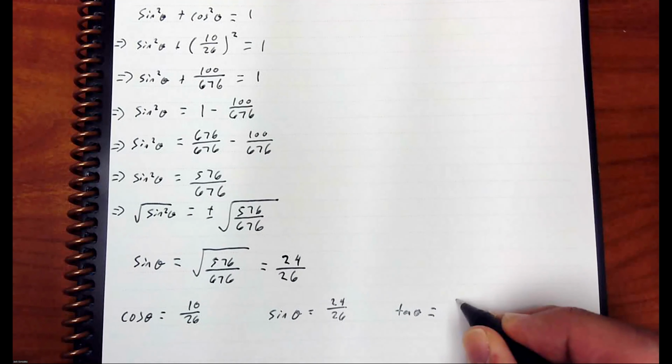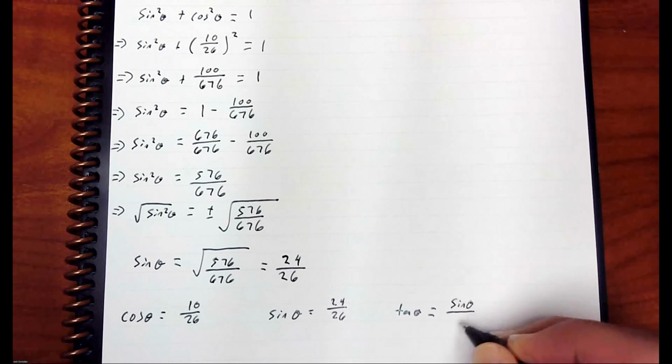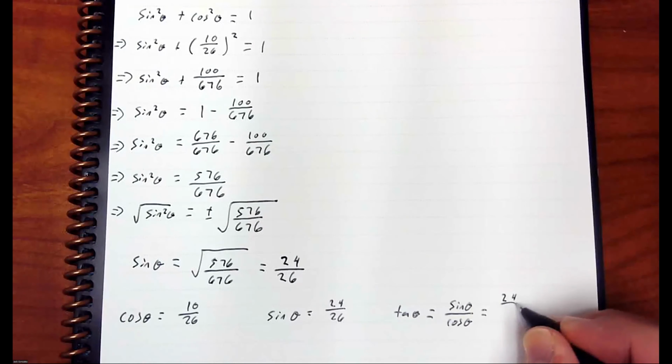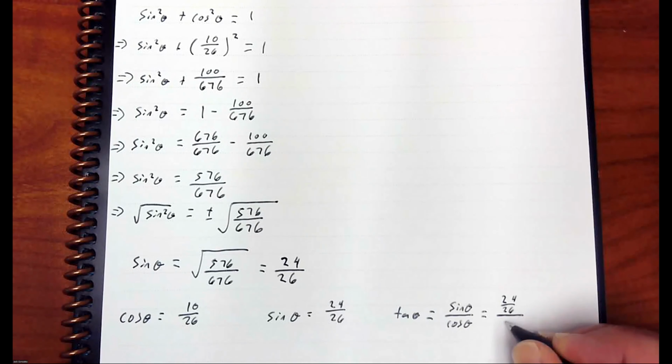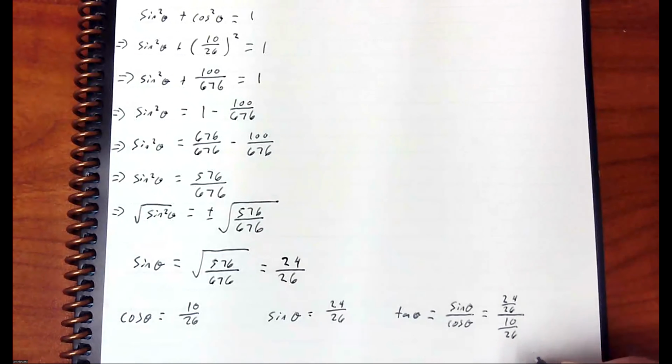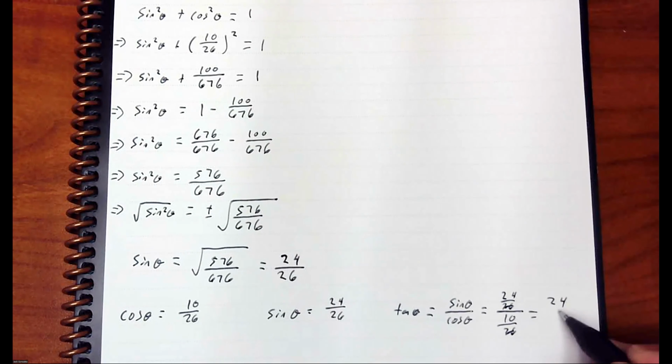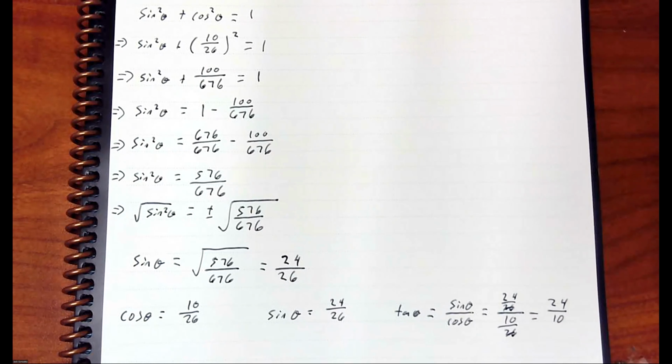So sine over cosine, divide those two fractions, and that'll be tangent. So 24 over 26 divided by 10 over 26. These 26s will cancel, leaving me with 24 over 10. Technically, all these fractions reduce. I'm going to do that later.